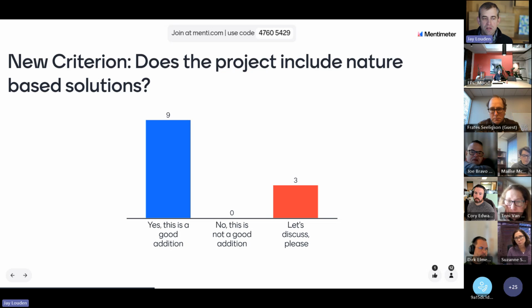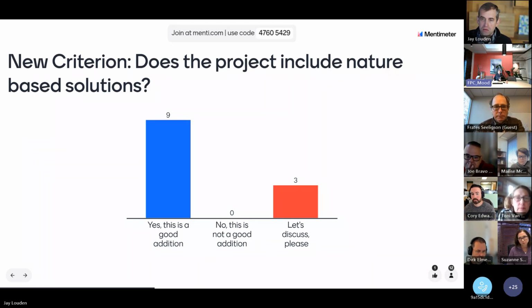Allison, was this one specific to flooding, or is this more general? This is more general to projects related to the river. Do they include nature-based solutions? Okay. Suzanne, do you still have your hand up, or is that from before? No, I'm okay, sorry. Joe, go ahead.